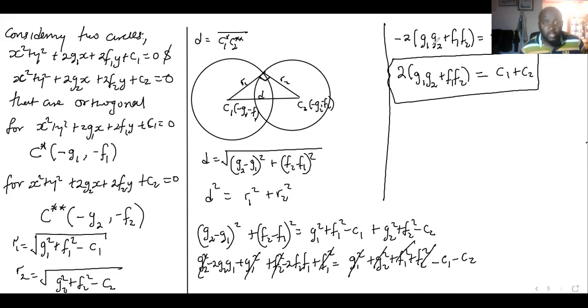So you can also show that if I multiply the x values of the centers of the two circles, plus the y values of the centers of the two circles, and I add the two and multiply by two, those values should give me the sum of these two constants. So whichever method you want is what you will use. I've given you both methods, okay?